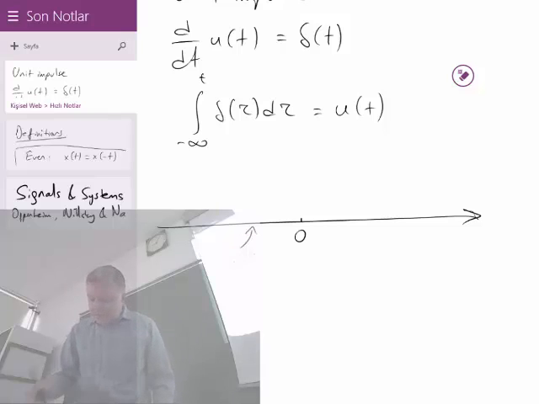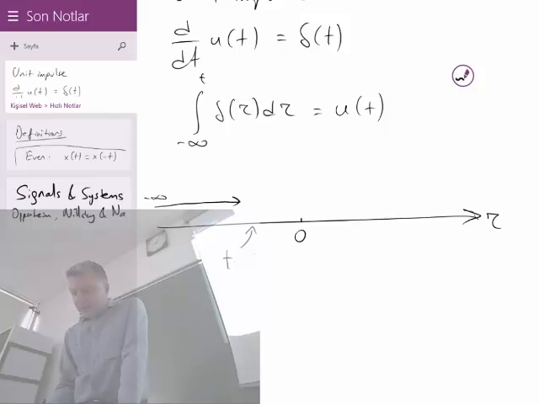It's not f, of course, it's t. And this is the tau axis. So we integrate along tau from where to where? From minus infinity up to this time. And when I integrate it, if t is less than 0, what happens? It will produce u of t value for t less than 0. What was the unit step function value for t less than 0?